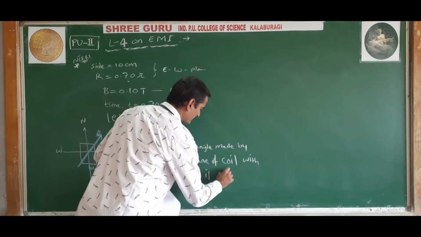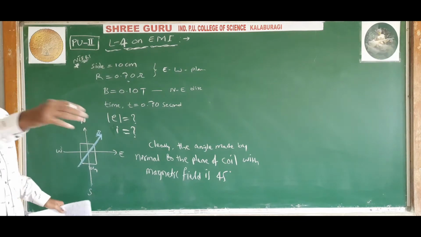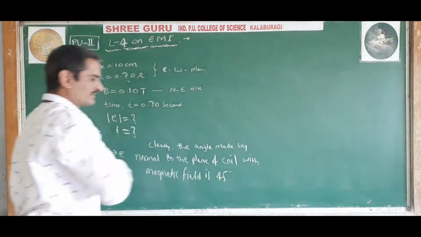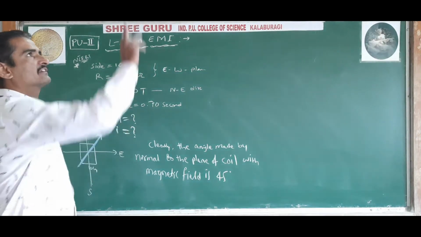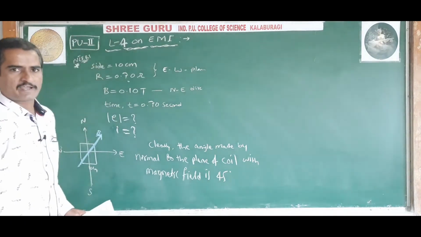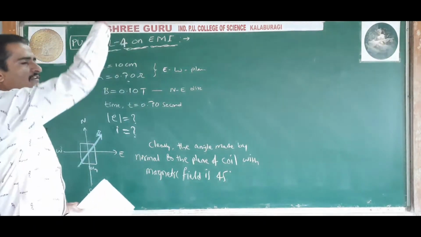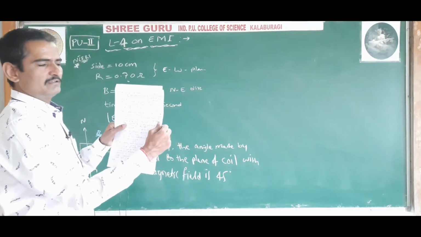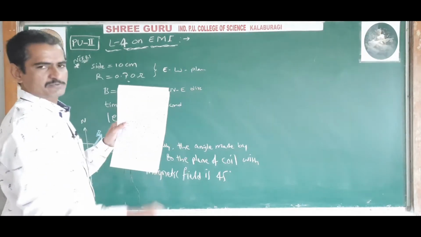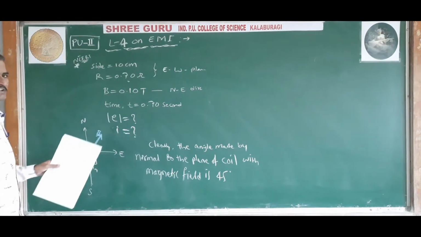Let us say this as east and this as west, and this is north and south. I am taking only one plane, east-west north-south, and the square loop is in the east-west plane, square, all the sides are equal.